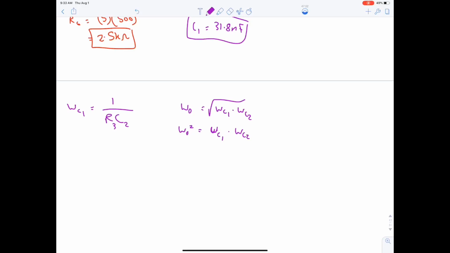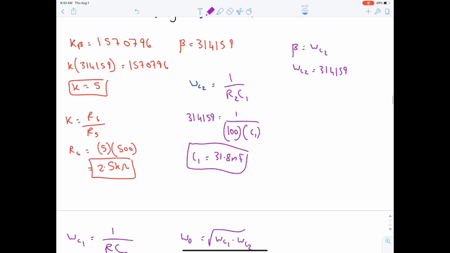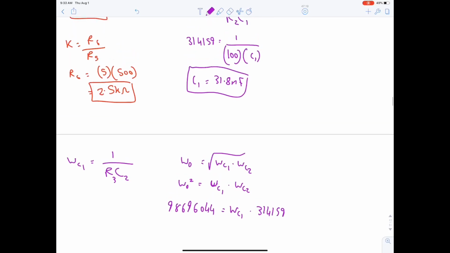What is omega naught squared? It's 98696.044. Omega C1 is unknown. Omega C2 is 314159.